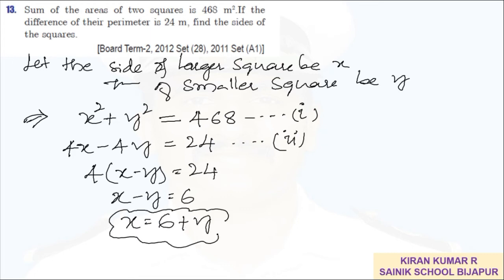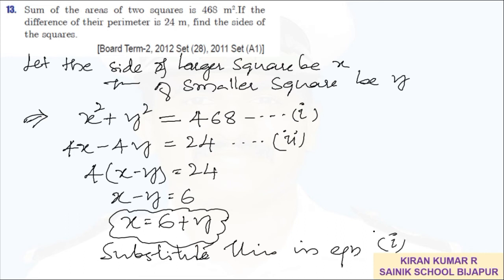Let me substitute this in equation 1. We get, let me change the color and write it there only. In the place of x, we will substitute 6 plus y whole square plus y square equal to 468.